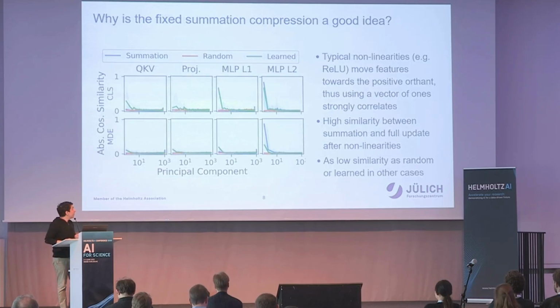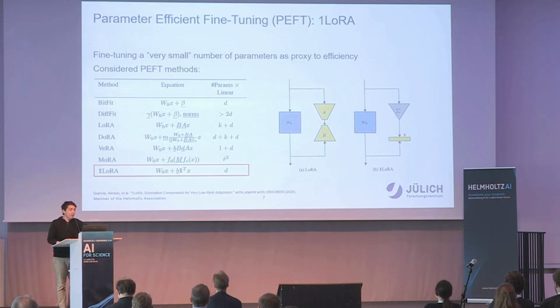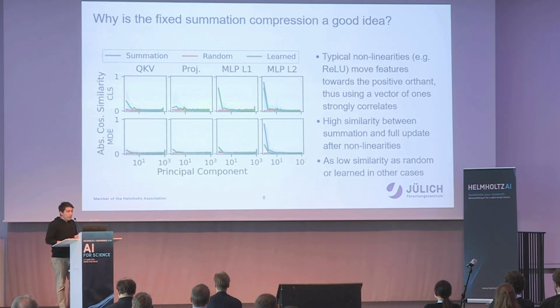So why would this sum work? There are other methods doing this, like in this case the one before us, MoRA. But the intuition is that nonlinearities like ReLUs move features towards the positive orthant by suppressing negative values, so using a vector of ones strongly correlates. Here on the left, you can see this image.